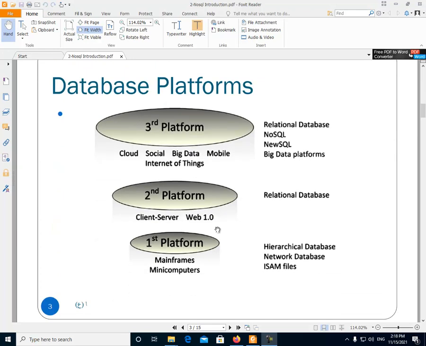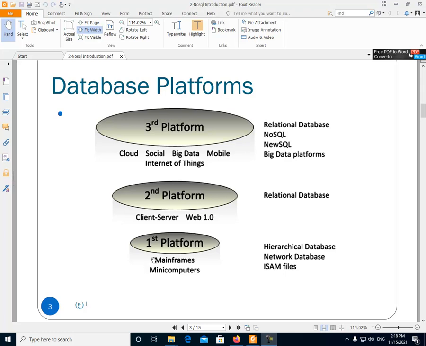If we want to talk about the history of databases and the different platforms that we have, this is a very good slide. The first platform, a very long time ago, was the mainframe computers and the minicomputers.